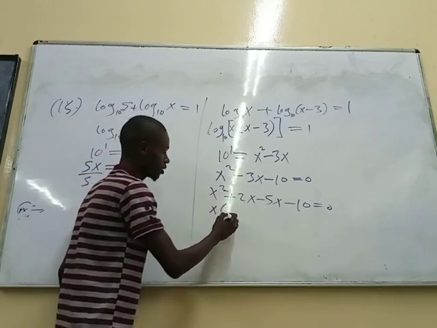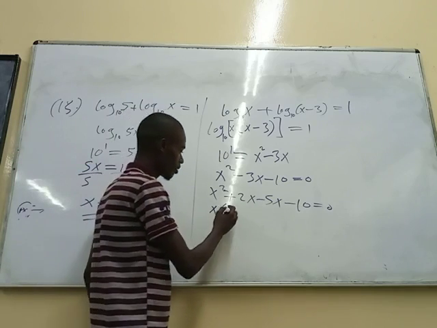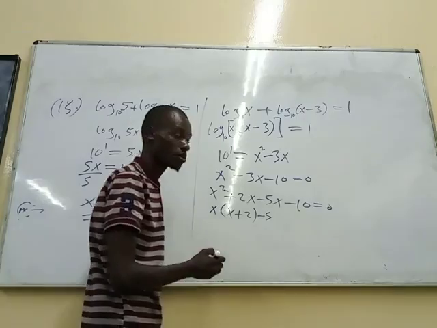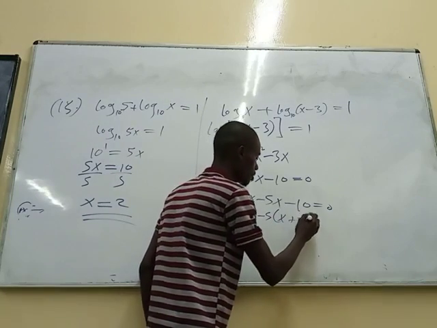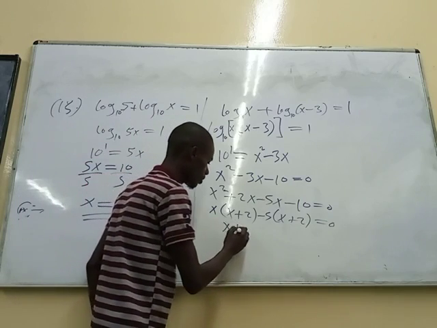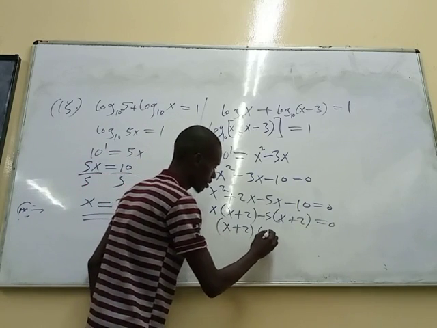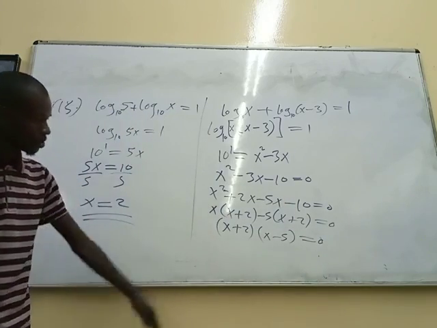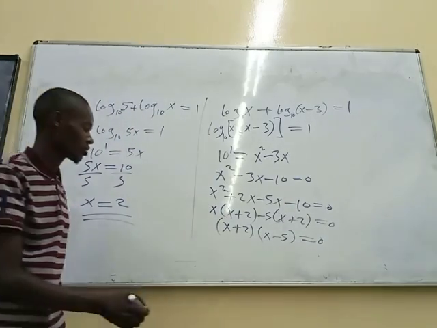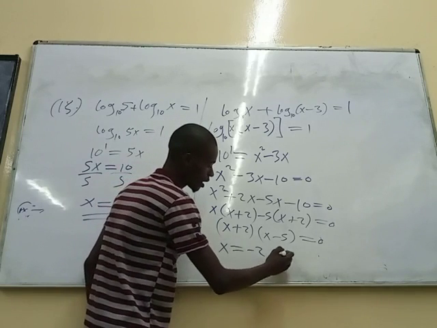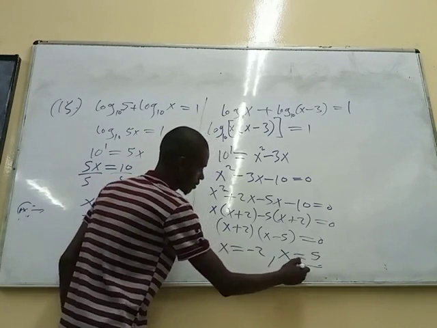Then we open the brackets there, we factorize. We're going to have x plus 2, then x minus 5. When we equate each of those factors to 0, we get x is equal to negative 2, and the other value of x is equal to 5.